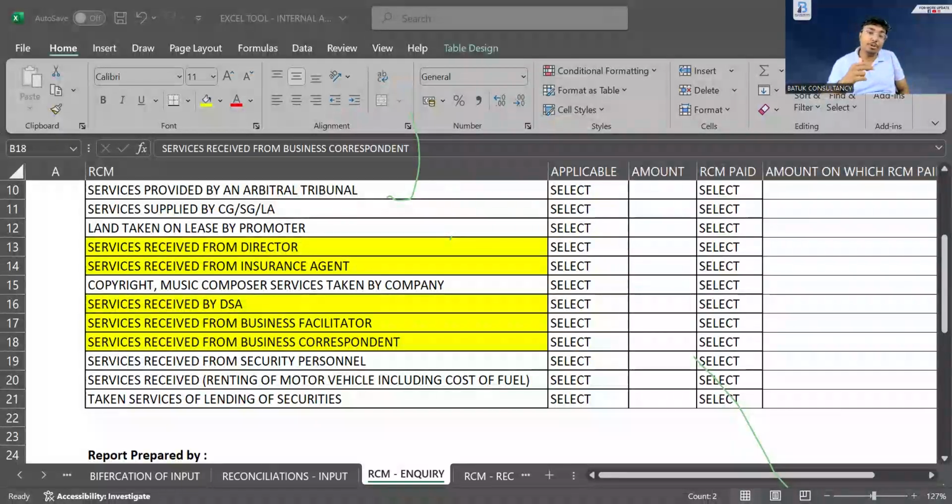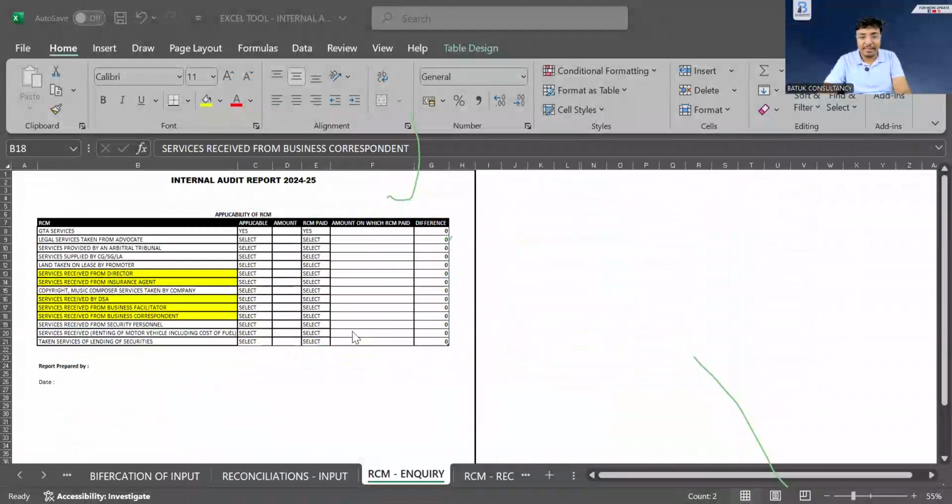But if the company pays that amount separately, then that will not become part of your security charges. So no RCM; that we need to go for an interpretation. Okay. Renting of motor vehicle including cost of fuel, in that case, yes, RCM is applicable. Lending securities we will discuss later on, priority sector lending certificates.